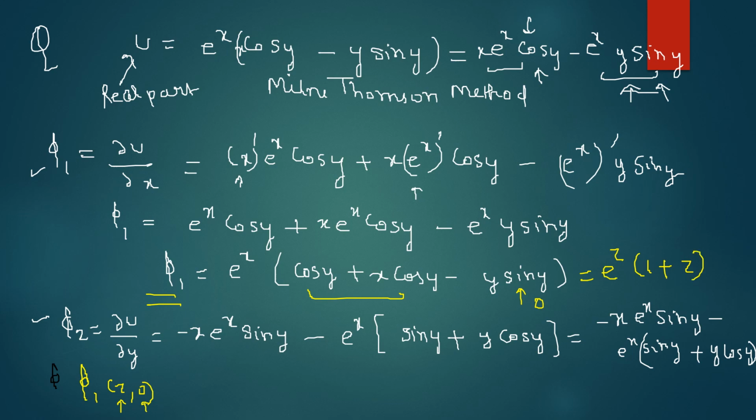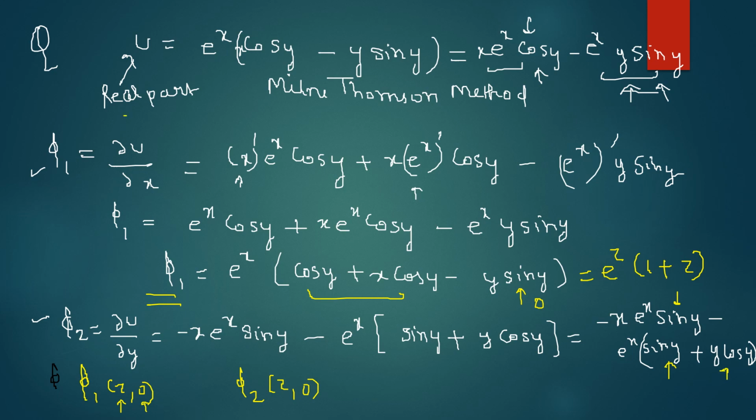Now for phi 2, if you put phi 2 z comma 0, so here instead of y you will place 0. So sine 0 will become 0, 0, 0. Everything is 0 here.